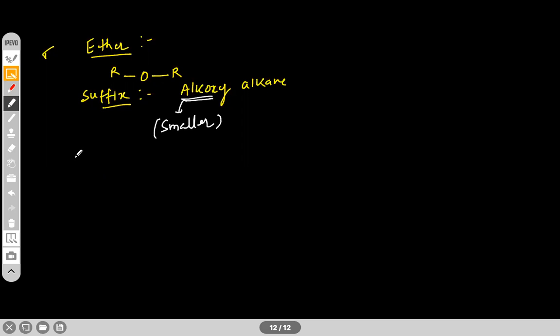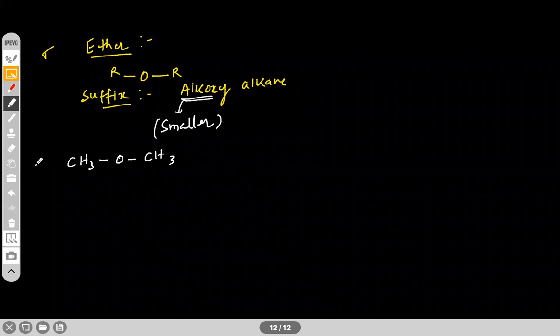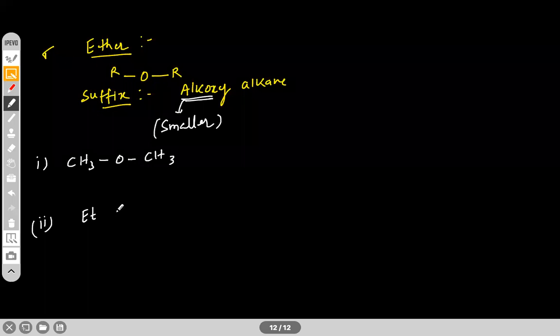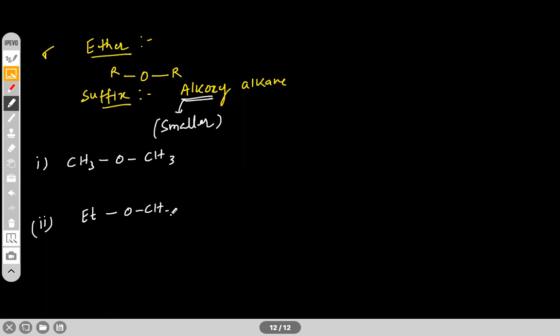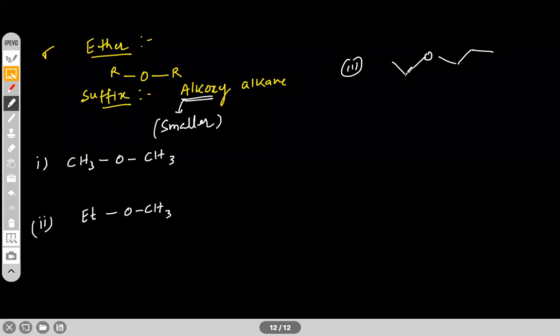For example, what is the name of this compound? CH3OCH3. Tell me. And CH3OC2H5.